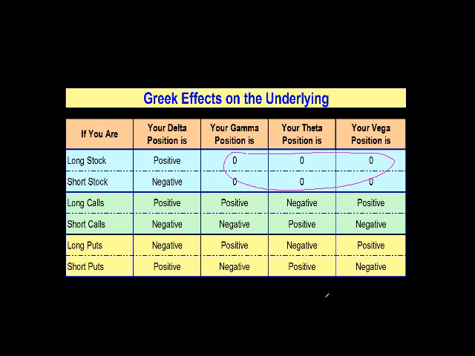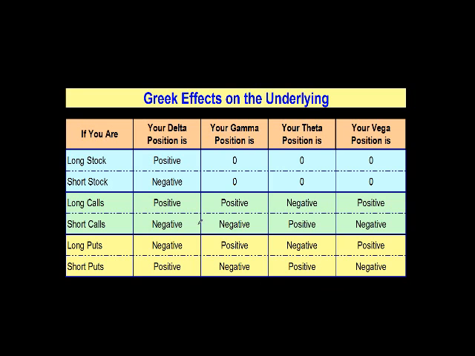The other thing I wanted to point out is that, as we said before, notice here with long calls and long puts, your Gamma, Theta, and Vega are all the same.